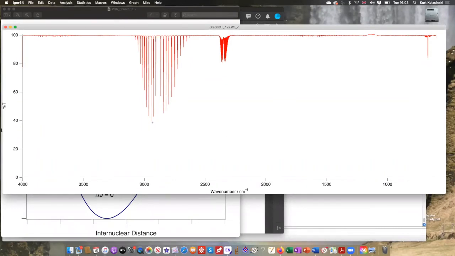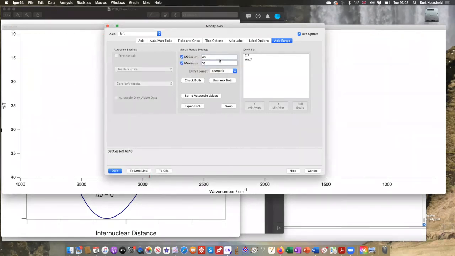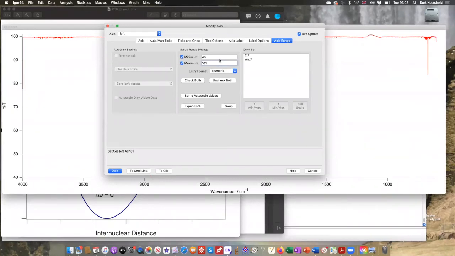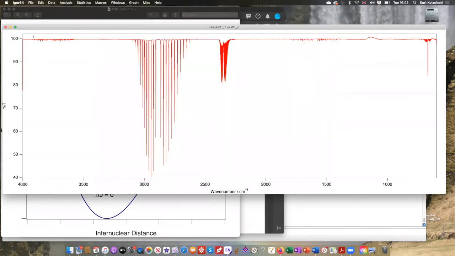I want to have these peaks as big as possible. So let's make this have a minimum of 40. Let's just give that a rational number. Let's make it 101, maybe 102 just for a little more space up there. And that way, when we put the mirror axis in there on these 2 to make it look a little more official, we've got a real nice spectrum that corresponds to the area, and our peaks are nice and big and we can see them.